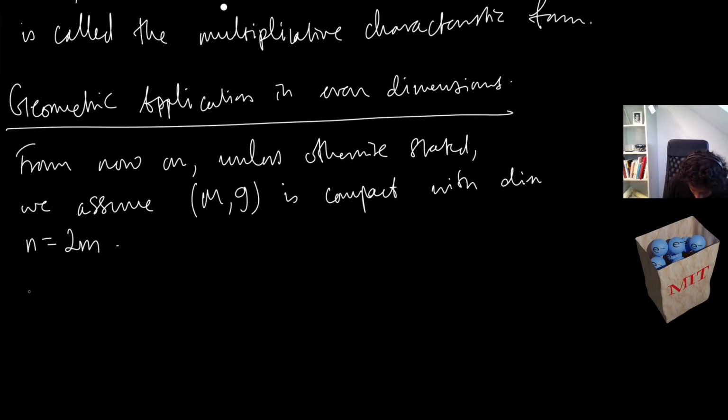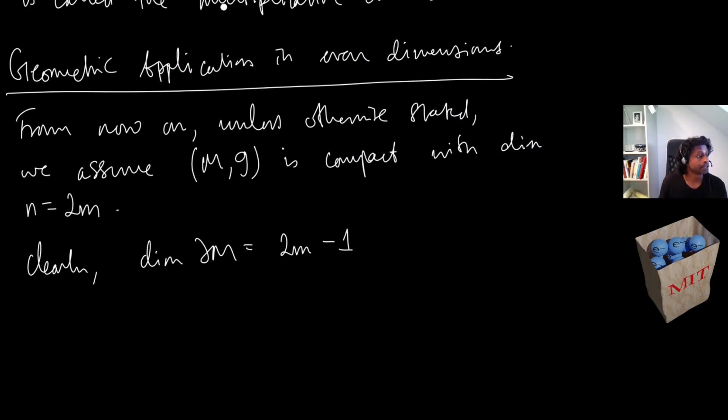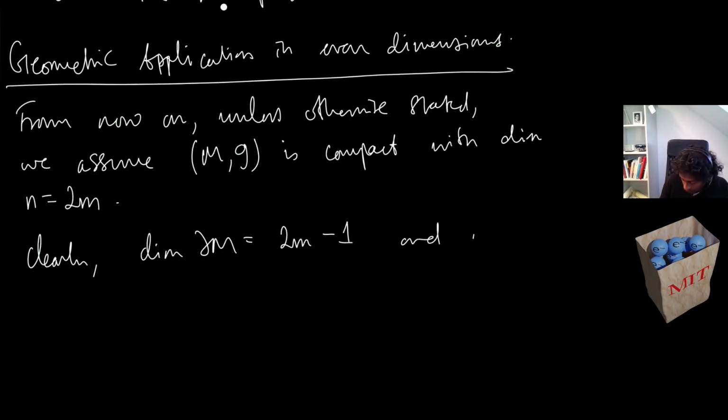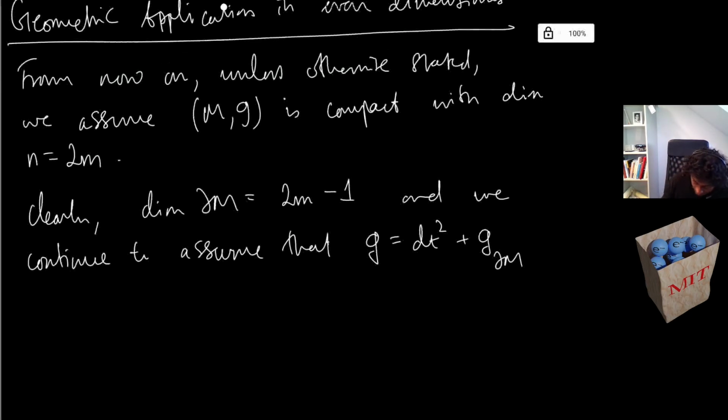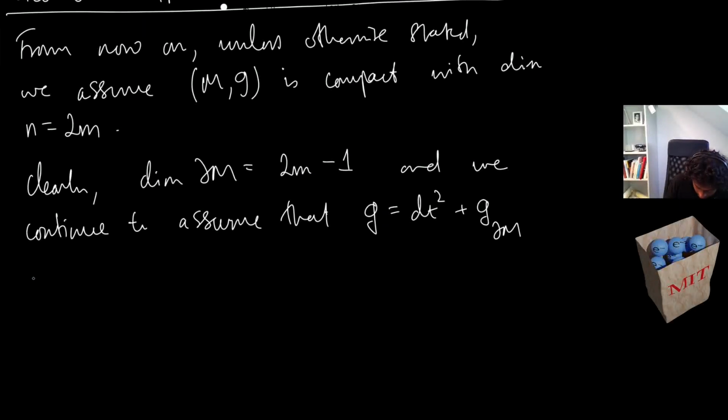So clearly, the dimension of the boundary now is 2m minus 1. And we continue to assume that g is product in a neighborhood of the boundary.